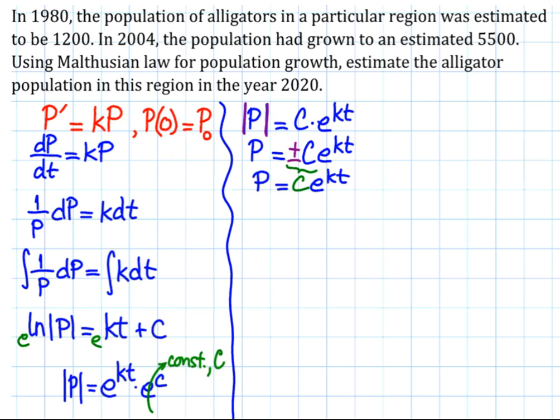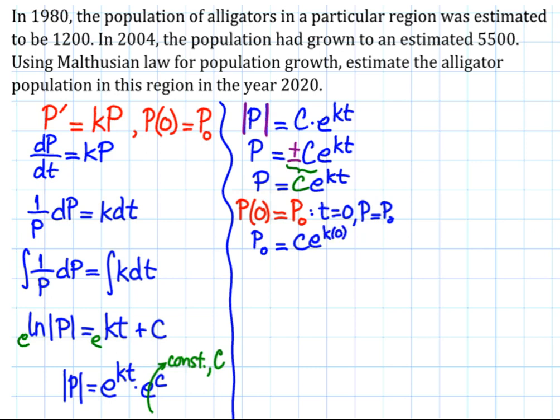Now we look at the initial condition. This means when t equal to 0, population is equal to p naught. So we substitute p naught into p, and c e to the k times 0.